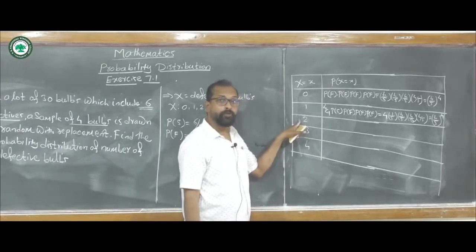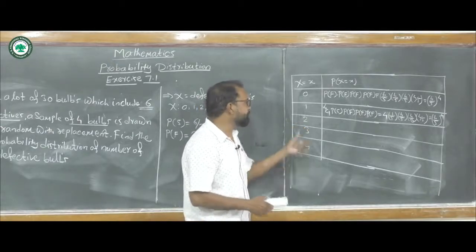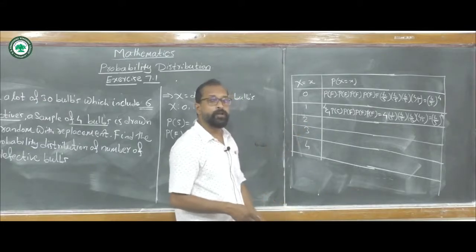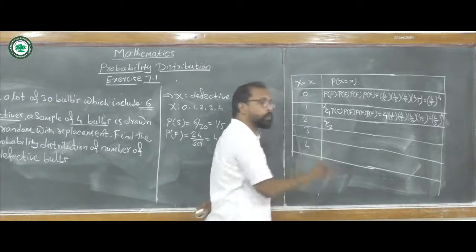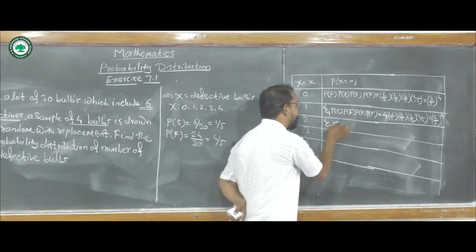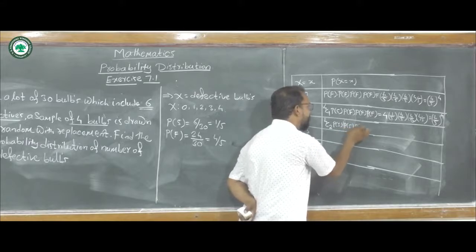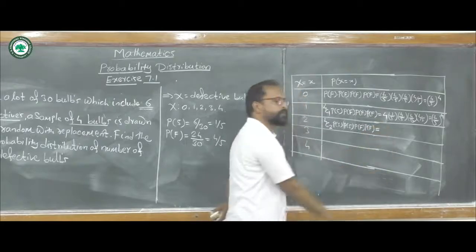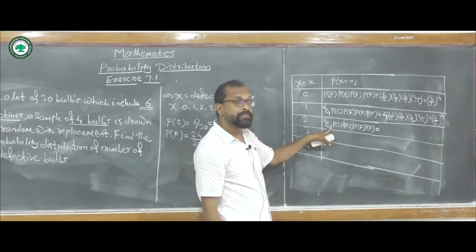Now again, out of the 4 trials, getting 2 successes, the number of alternating positions of getting successes is 4C2. And getting 2 successes means probability of success into probability of success into probability of failure into probability of failure. Now 4C2 is 6.